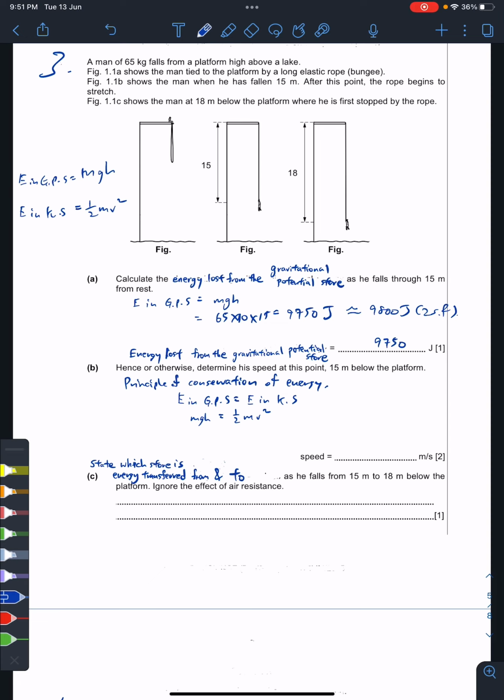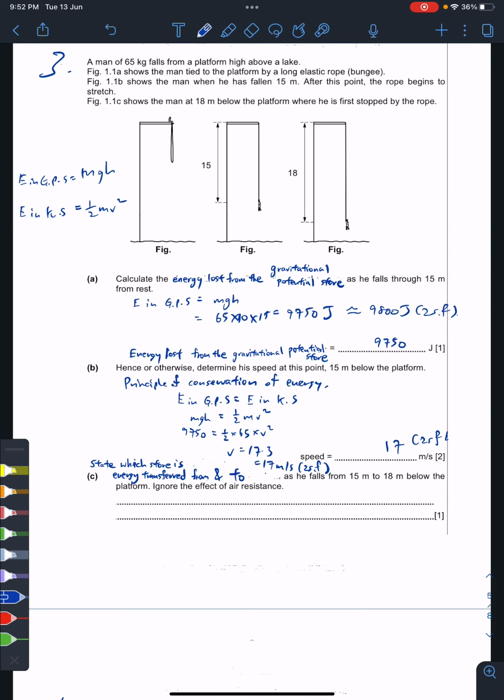Then what happened? 9750 equals half times m, where m is 65, times v squared. So v equals 17.3, 17 meter per second, 2SF.